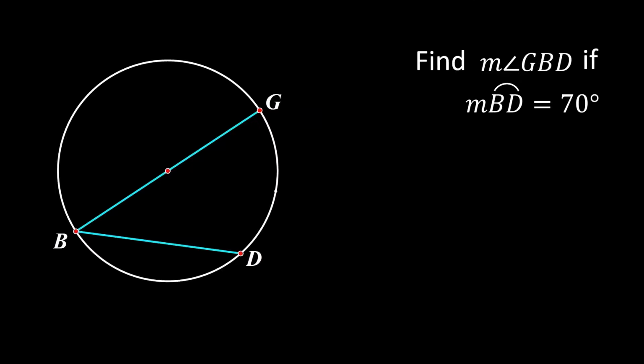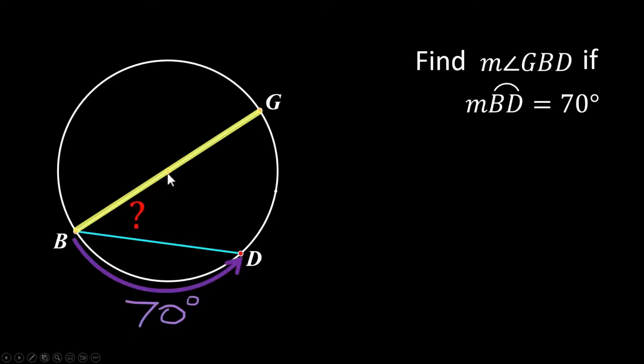This problem will trip people up because it doesn't seem like you have enough information. It's asking us to find angle GBD, which is right down here in the corner at B. And the only thing they're telling us is that the arc measure of B to D is 70 degrees. In geometry, you can assume that if you have a line connecting 2 points on a circle that goes through the center, then that line is a diameter.